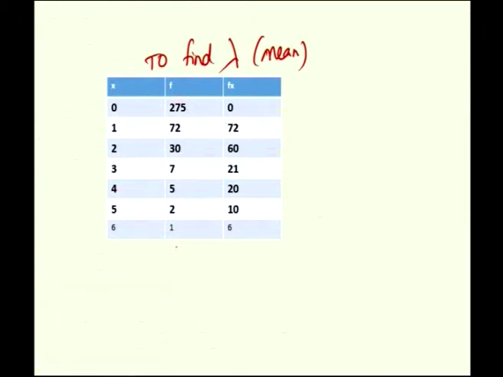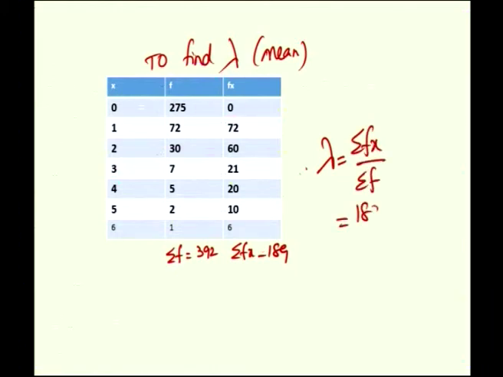Summation f is 392 pages, is not it, and summation fx is equal to 189. Therefore, lambda is equal to summation fx by summation f, 189 by 392, and the value is 0.482.